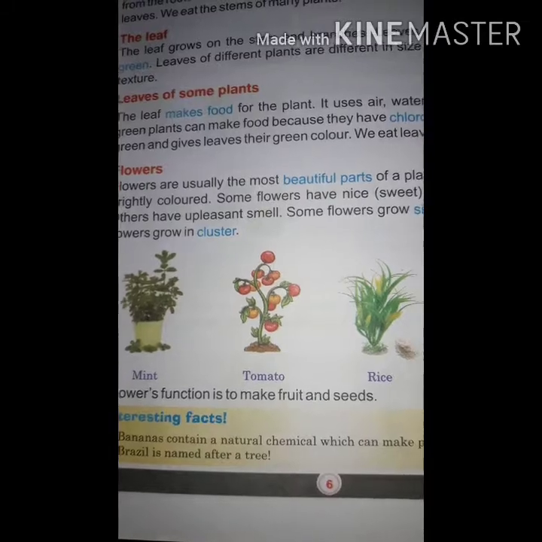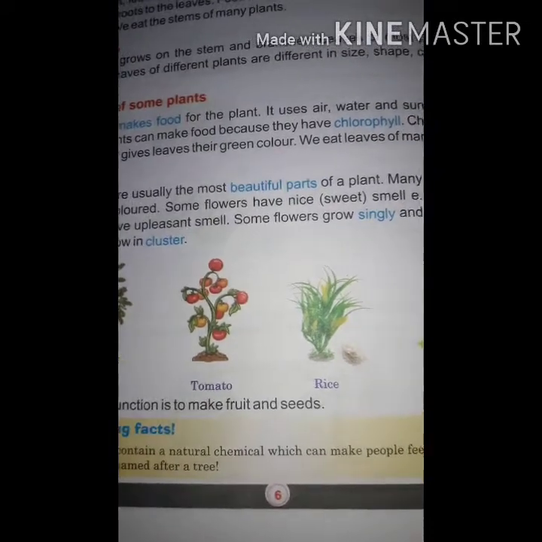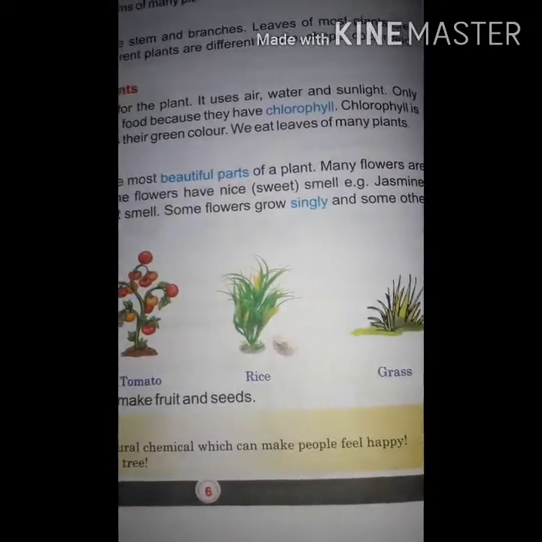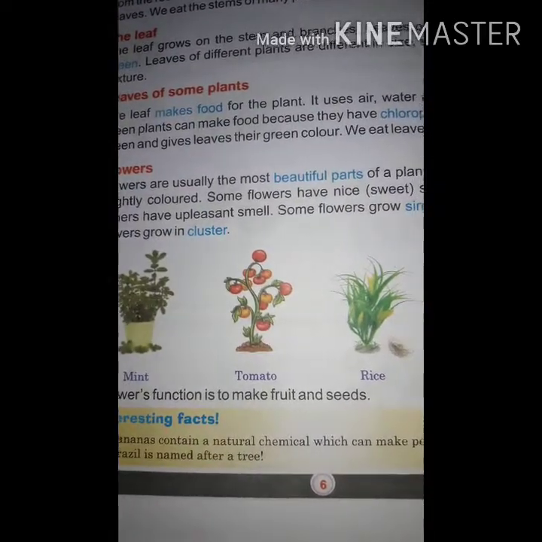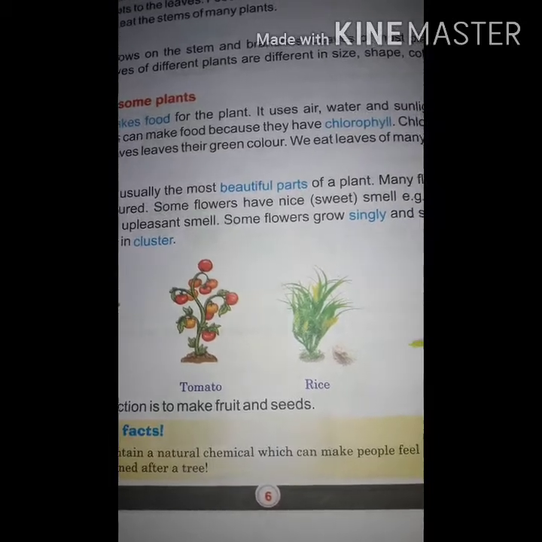The leaf makes food for the plant. It uses air, water, and sunlight. Only green plants can make food because they have chlorophyll.